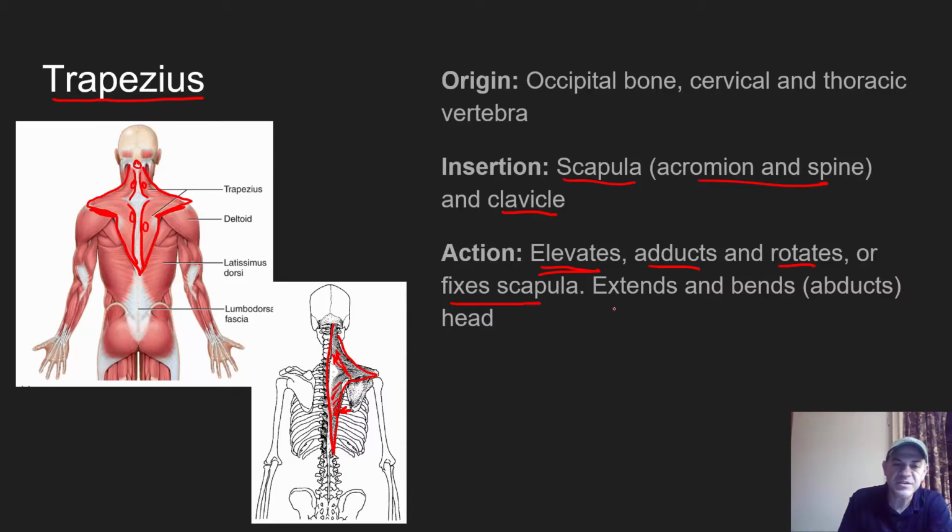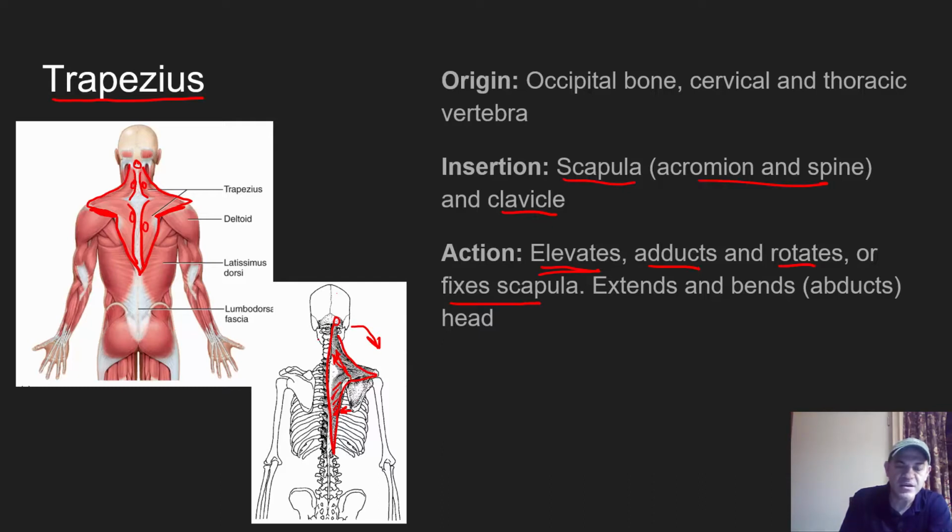The other thing that this can do is if we fix most of the shoulder there and contract the trapezius, well, now the trapezius could be pulling basically on the head, because one of the points of attachment is the occipital bone. So now the origin becomes the insertion if we fix the shoulder, and so this can create a bending of the head sideways.